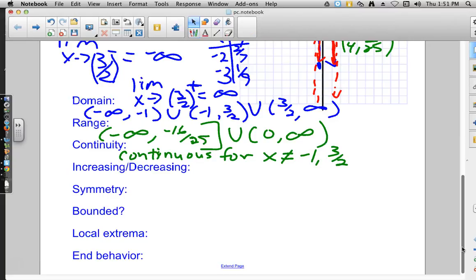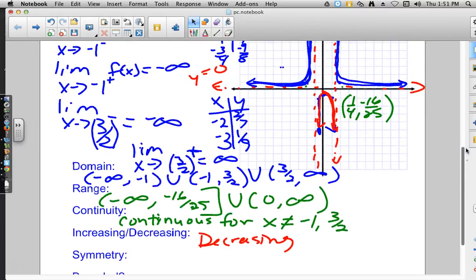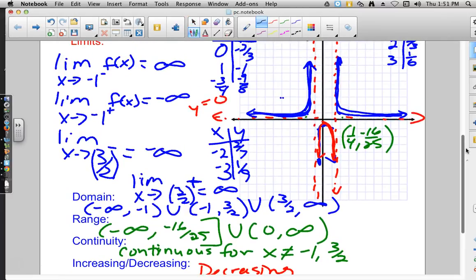So first, I will go after decreasing. As I talked about in class, I mark anything that I can see that is going downward from left to right. So that is this portion of the graph right here, and this branch, and that's what I need to represent.